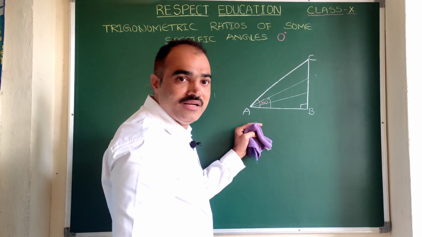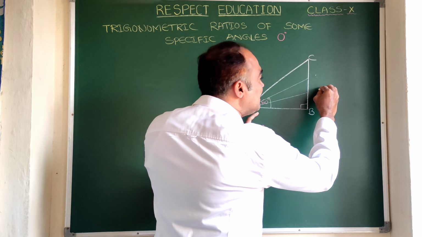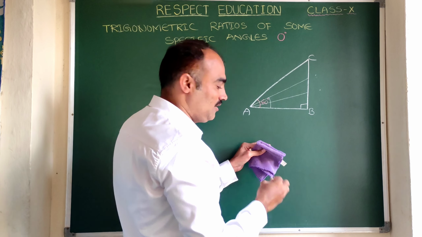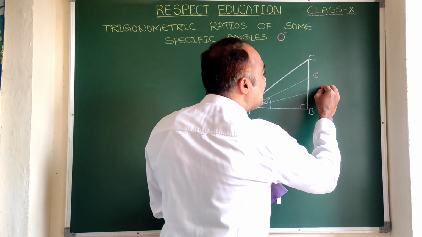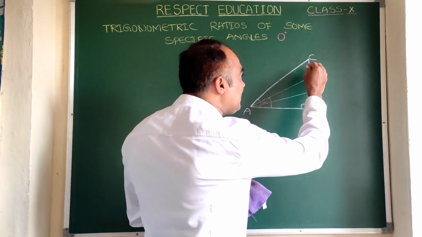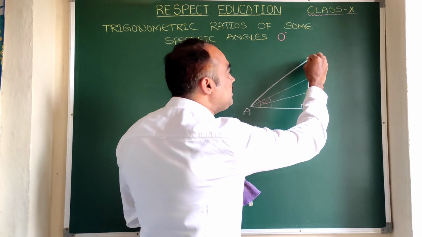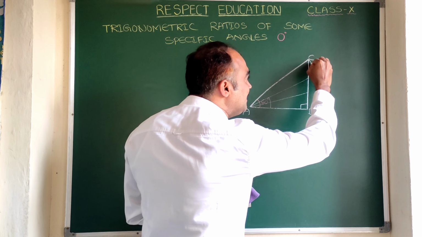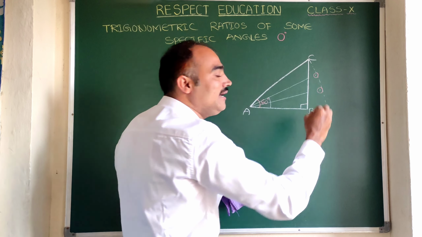Is it clear? Yes, sir. So if you bring C still more down, then C will be here. Hope you are understanding? See, this will be the new position of C. As we are reducing the angle here, the position of C will be coming in this way.